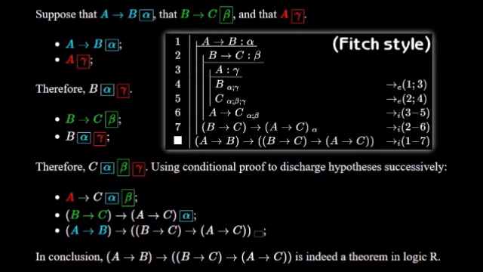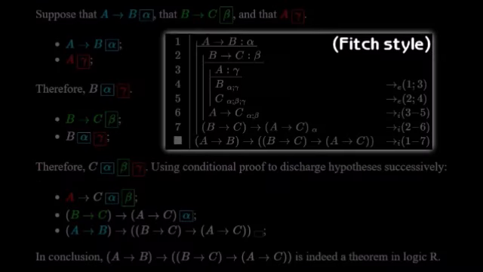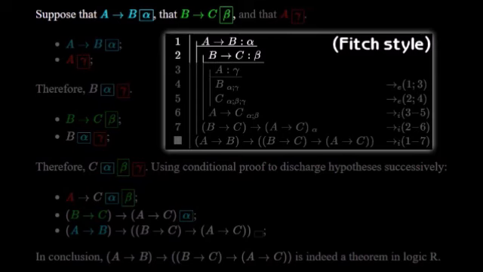So let's analyze what's going on. We start with no hypotheses, which means our hypotheses are stored in a function from the empty set to the set of logical formulas. Then, however, we suppose A implies B and give it tag alpha. Then, we suppose B implies C and give it tag beta.